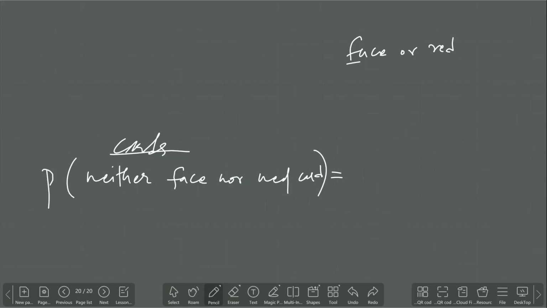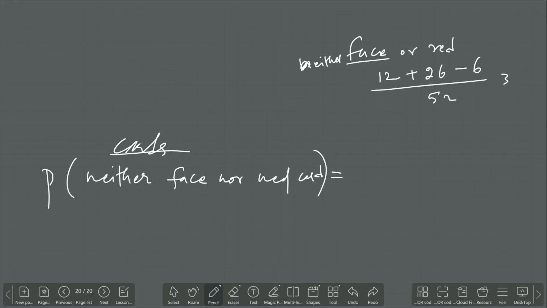How many face cards we have? 12. How many red cards we have? 26. Common for both, how much is there? 6 cards, because in face cards, red color 6 cards are there. Divide by 52. Either also will come. Simply, if they ask either face or red, also same method.